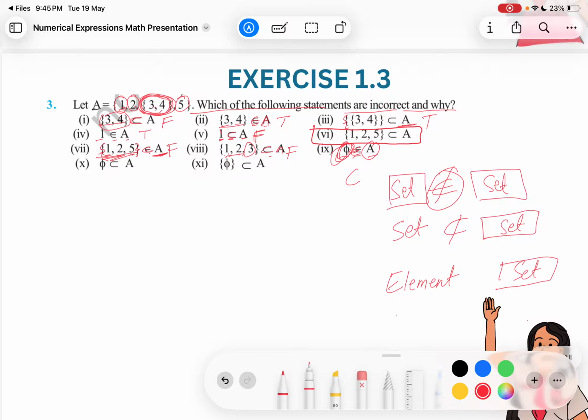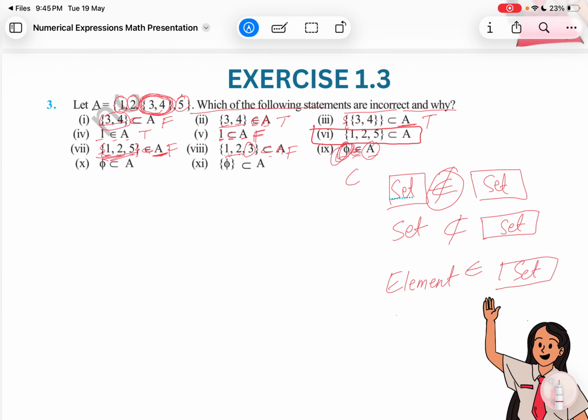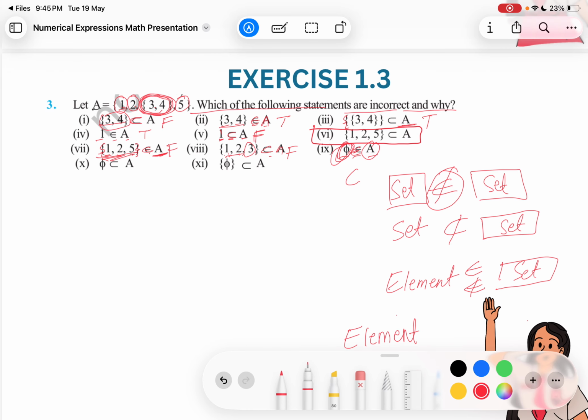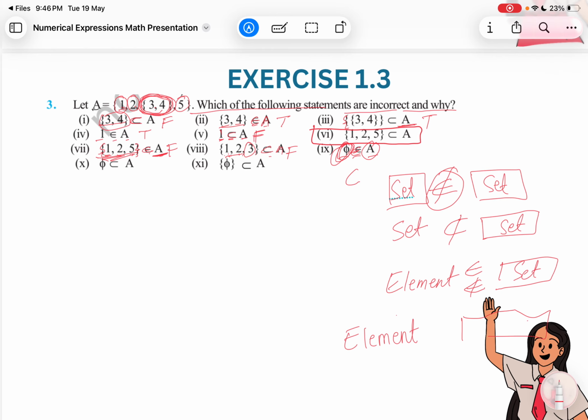So we can check whether this element belongs to this set or does not belong to this set. We cannot do it like this, element and this set. Okay, so just keep this in mind, this is very important, otherwise you will be confused and you will mark the wrong answer.